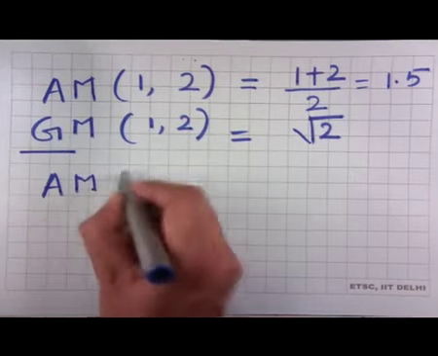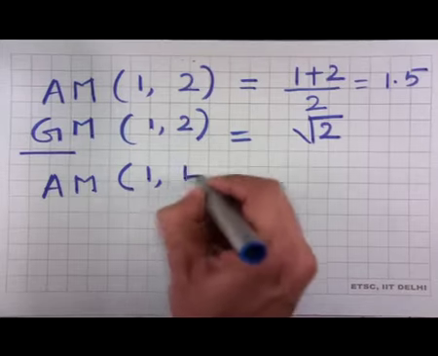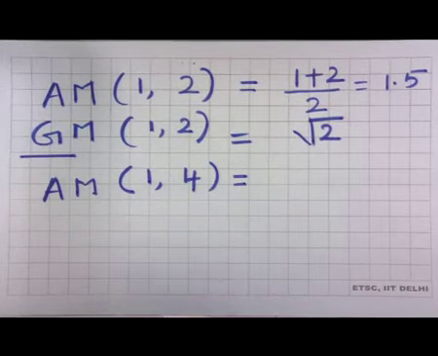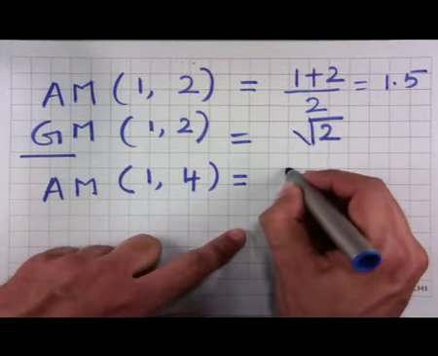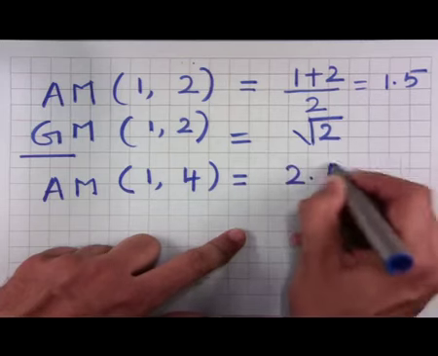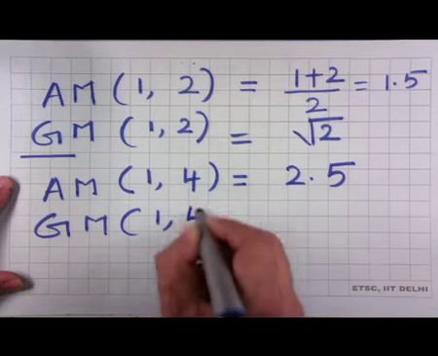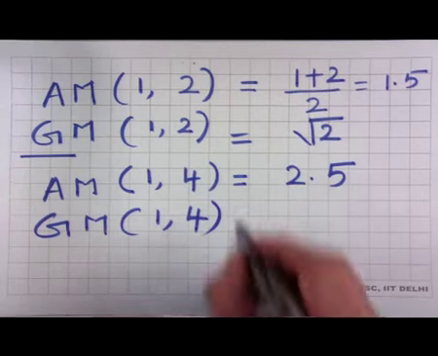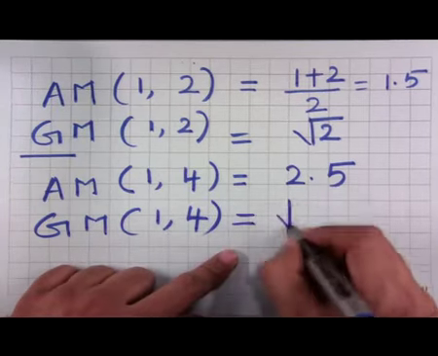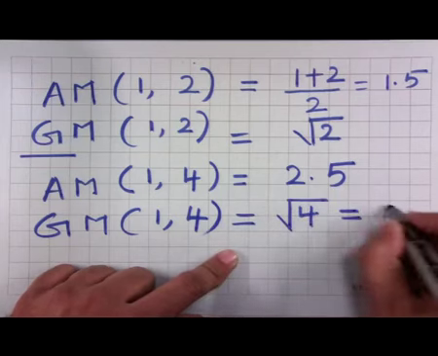Arithmetic mean of 1 and 4 is 1 plus 4 by 2, which is 2.5, and geometric mean of the numbers 1 and 4 is positive square root of 4, which is 2.